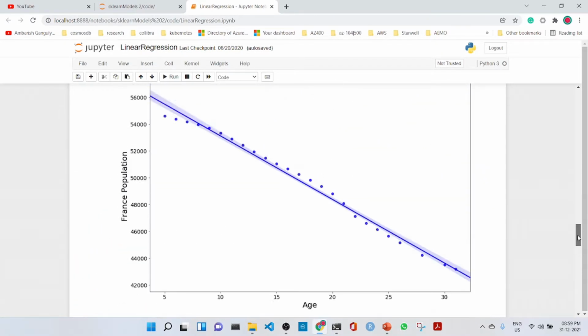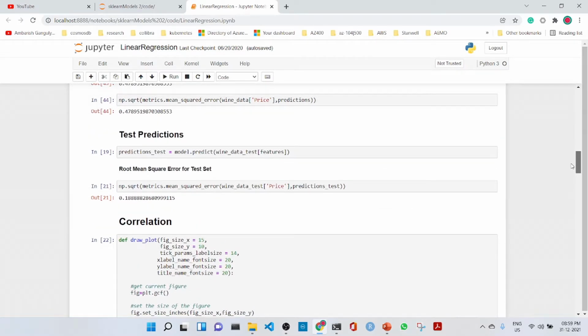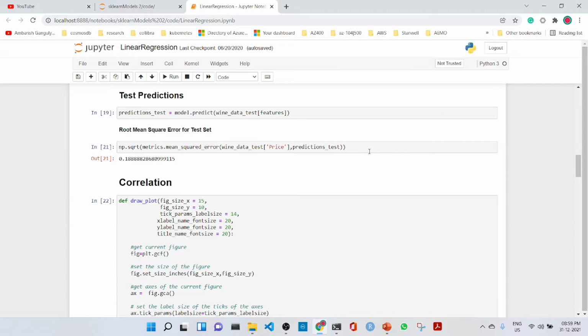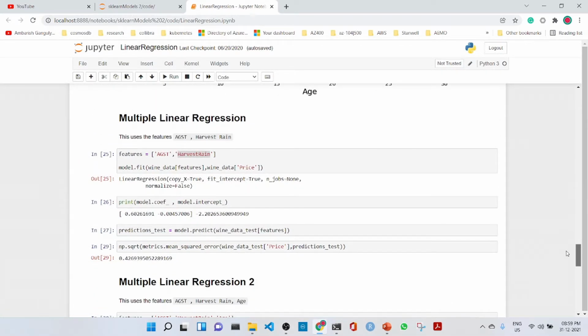So we'll just see whether it has increased or decreased. So it seems that introducing another parameter has actually increased the root mean square error.